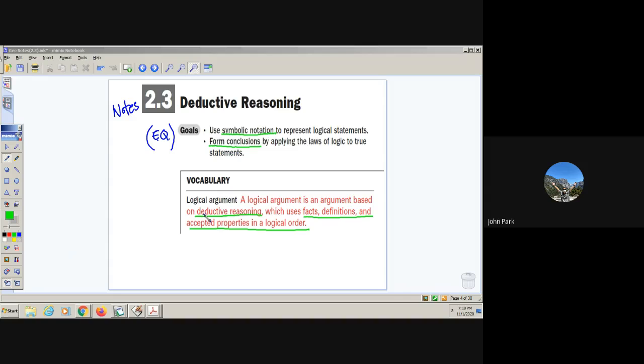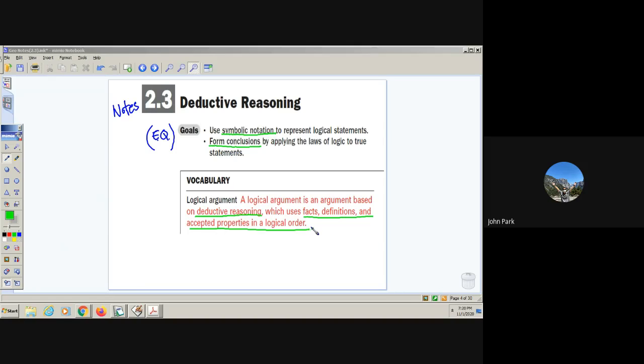This is different than inductive reasoning. Inductive reasoning, if you remember, uses patterns of pictures or things that we see in terms of numbers or anything like that. But deductive reasoning uses facts, definitions, and accepted properties in a logical order.